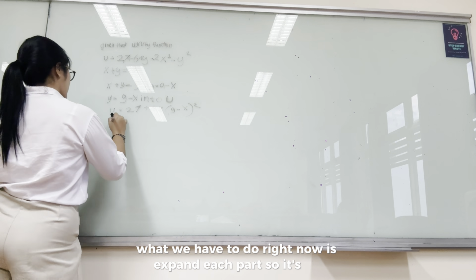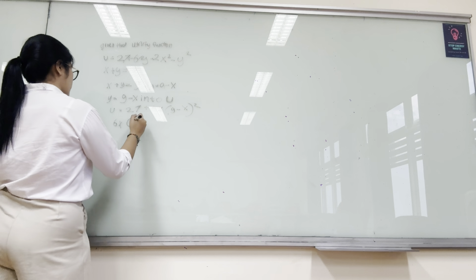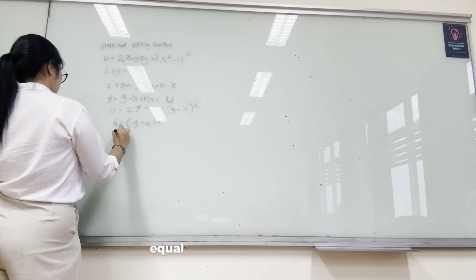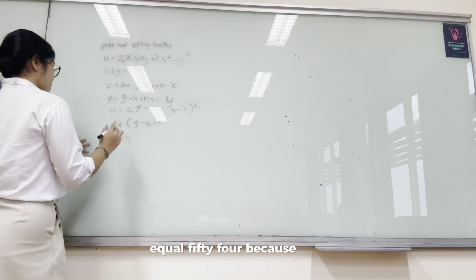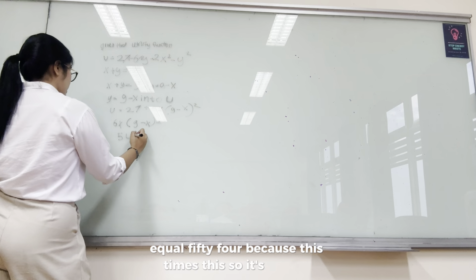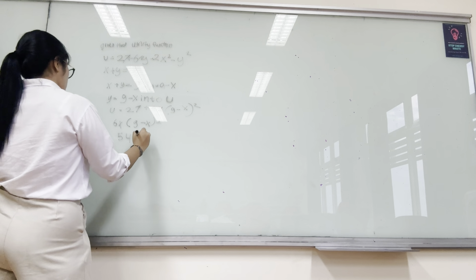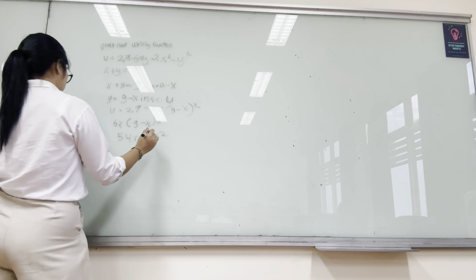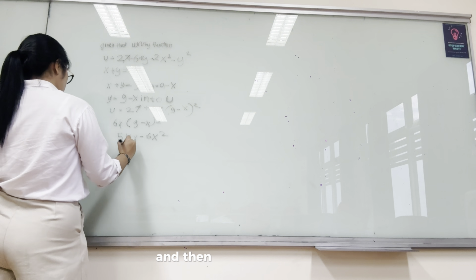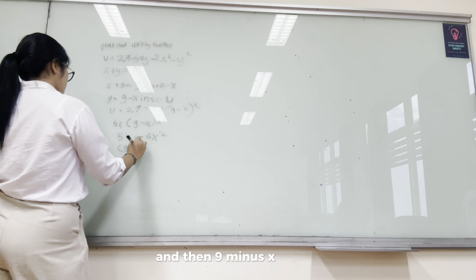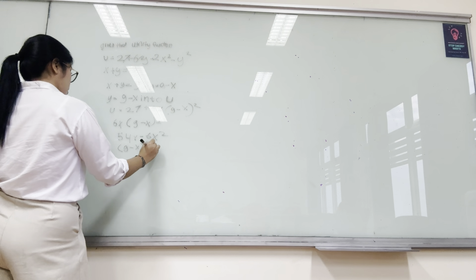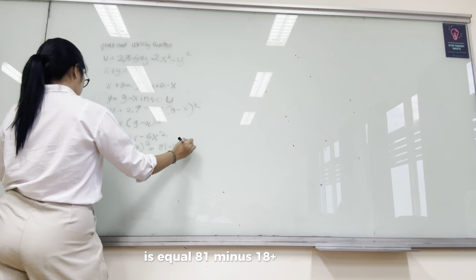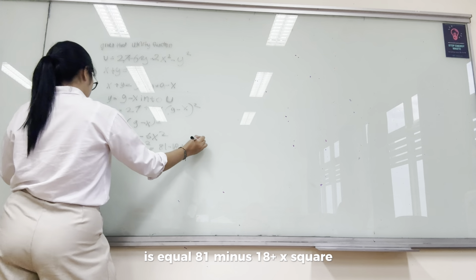So 6x times 9 minus x equal 54x minus 6x squared, and then 9 minus x squared is equal 81 minus 18x plus x squared.